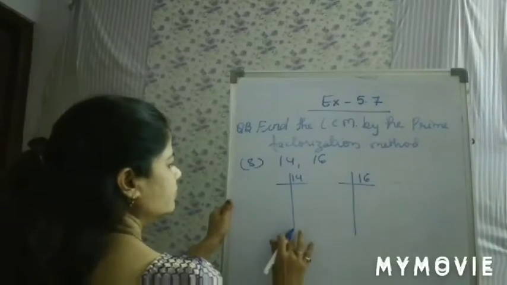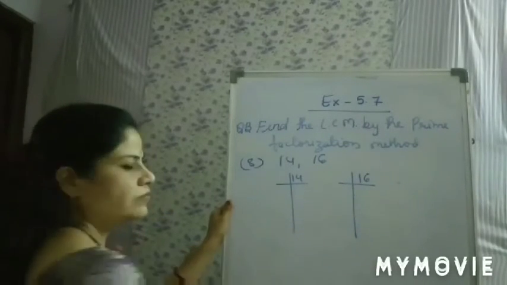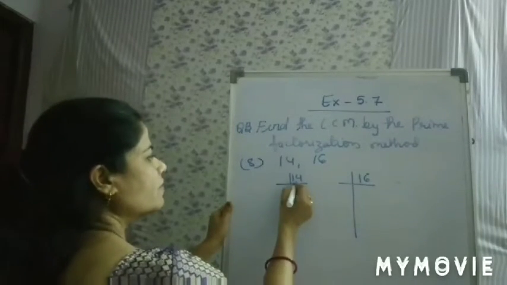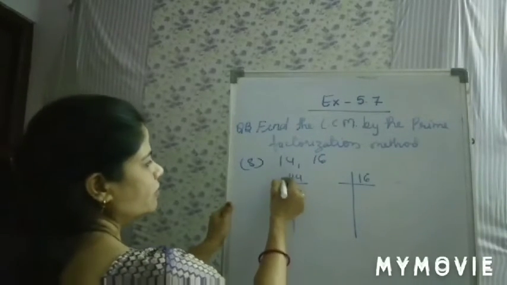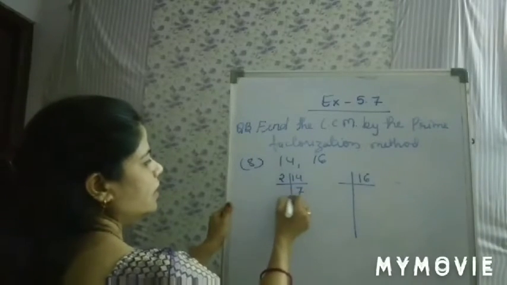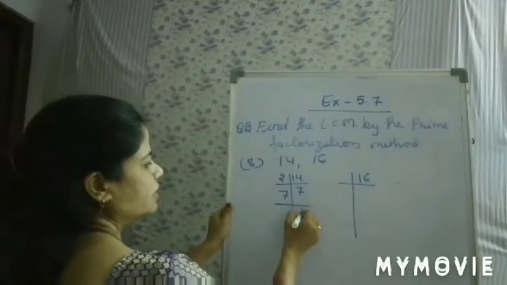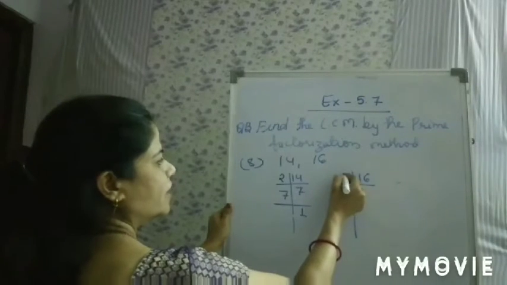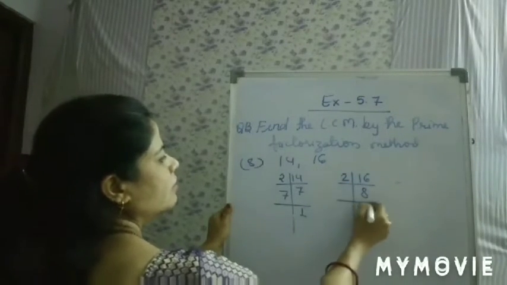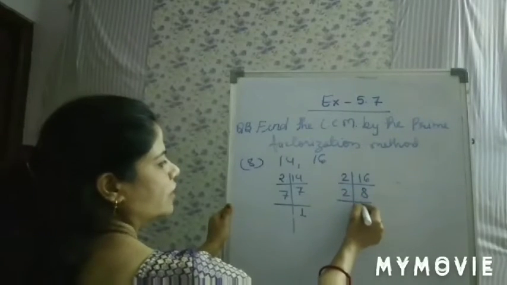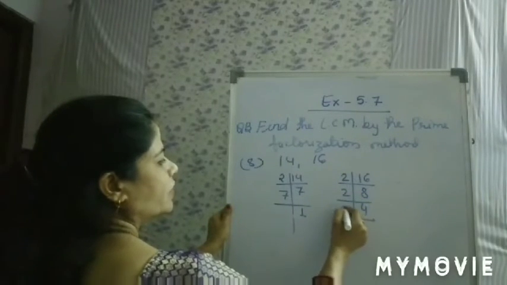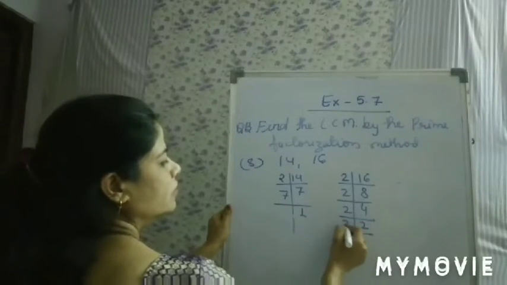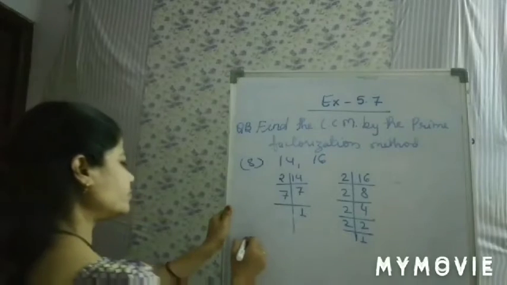Now start division. 14 is an even number, so you have to divide 14 by 2. 2 sevens are 14. 7 ones are 7. 16 is an even number, so you have to divide 16 by 2. 2 eights are 16. 8 is an even number, so again divide by 2. 2 fours are 8. 4 is an even number, so again divide by 2. 2 twos are 4. And 2 ones are 2.